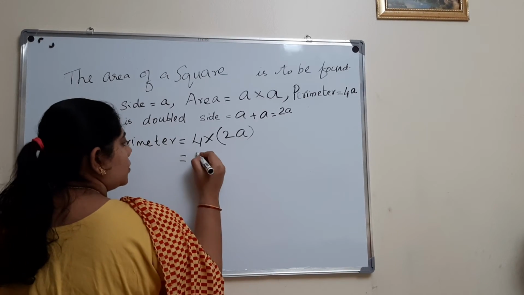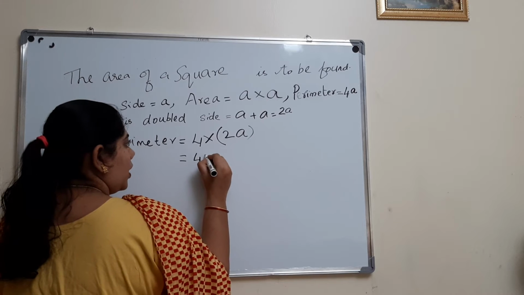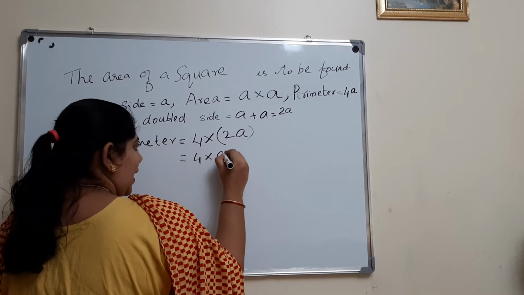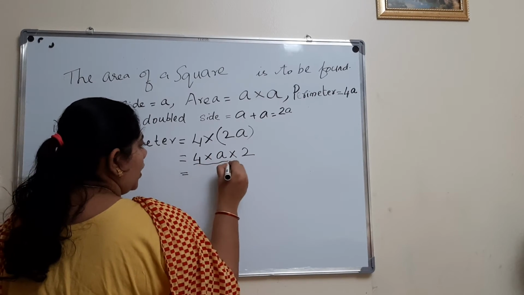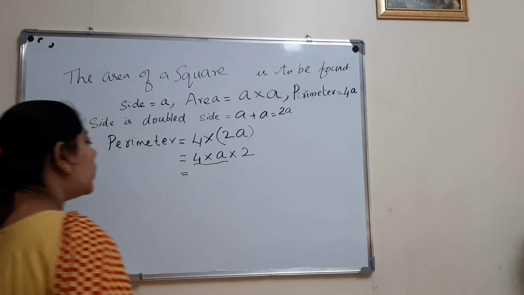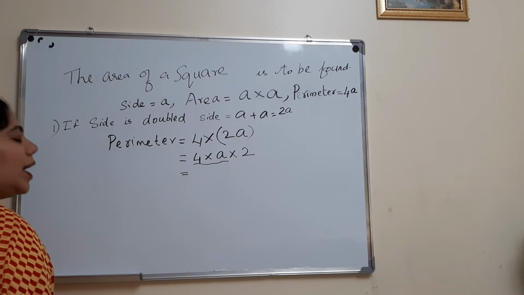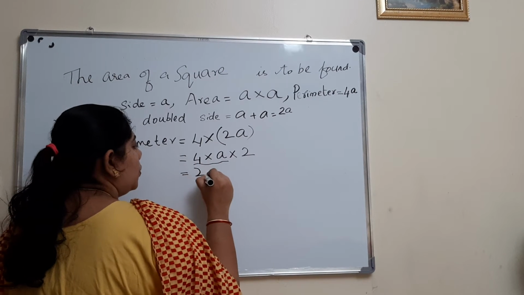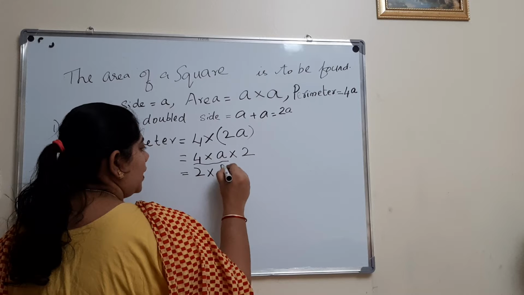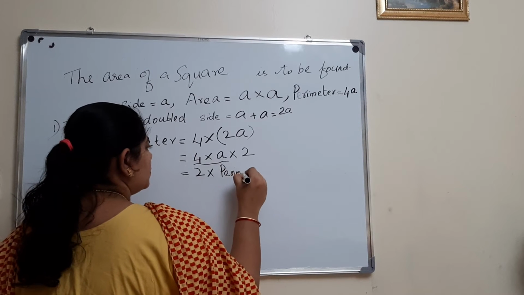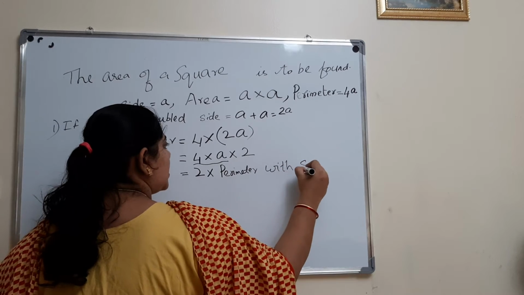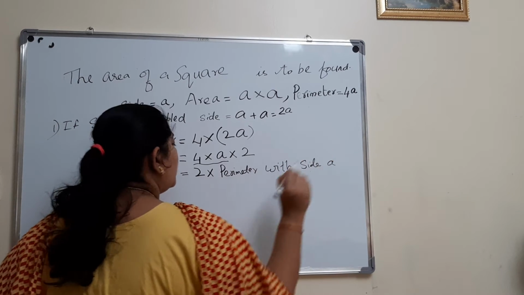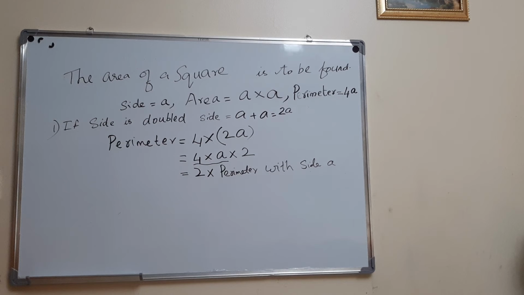So I am rearranging as 4 into A into 2, and 4 into A is the perimeter with side A. So 2 into perimeter with side A. That is, what is the meaning?